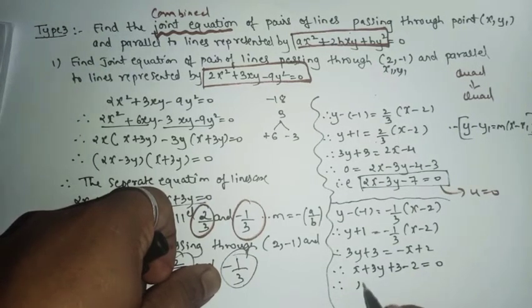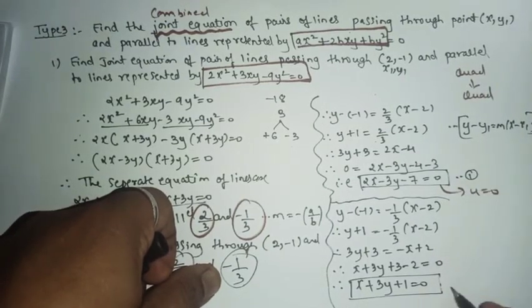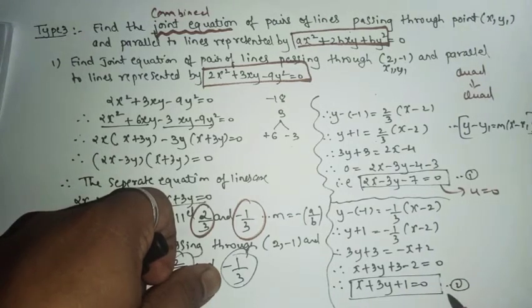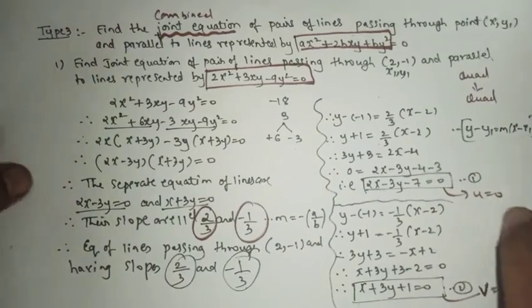Okay, so therefore the final answer will be x plus 3y plus 1 equals 0. So we'll give this as equation number 1. Equation number 2, we'll consider this as u equals 0 and this as v equals 0. Yes or no?